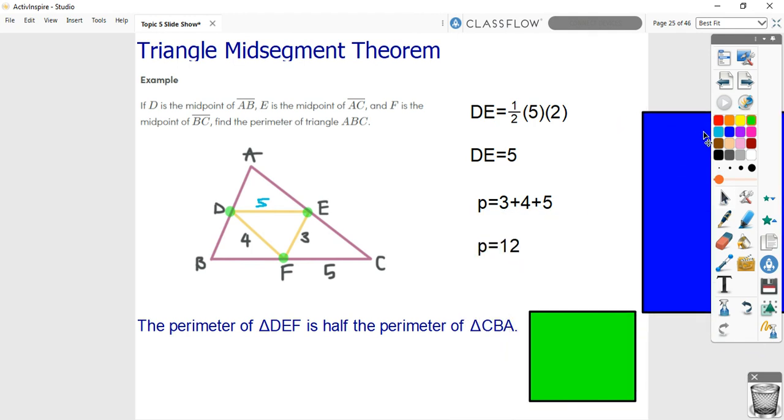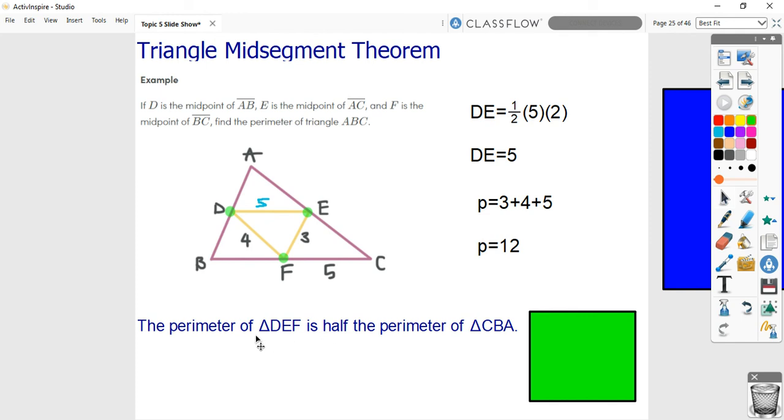Well, that little piece of information down at the bottom says that the perimeter of DEF is half the perimeter of triangle CBA. Okay? This triangle DEF is half the perimeter of CBA, and that makes sense if you think about it for half a second. DEF, all of those sides are half the length of all of our purple sides right here, right?